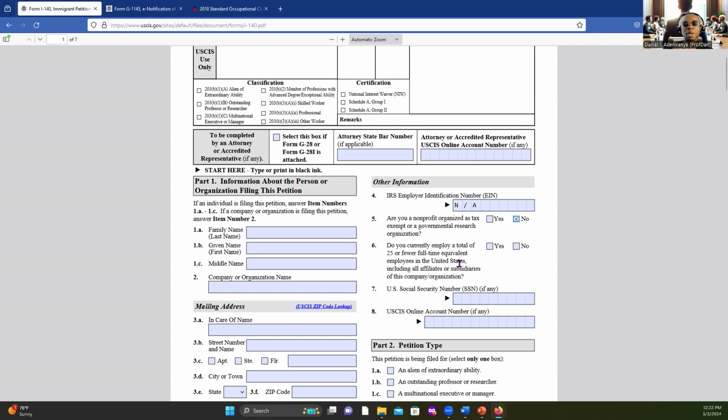However, remember that this is under the employment base. So it is assumed that even as a self-petitioner, you employ 0 employees. Since it says 25 or fewer, fewer than 25 could be 24, could be 1, and could be 0. So you are classified as a small employer, even as a self-petitioner.